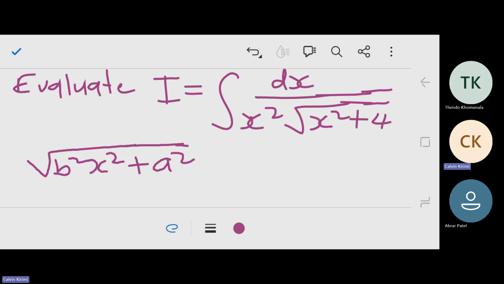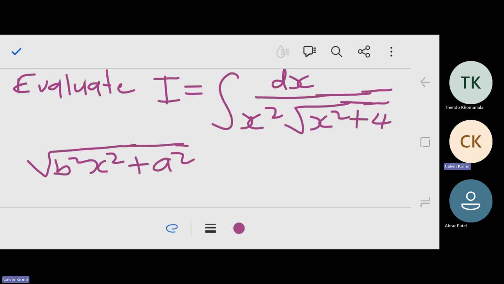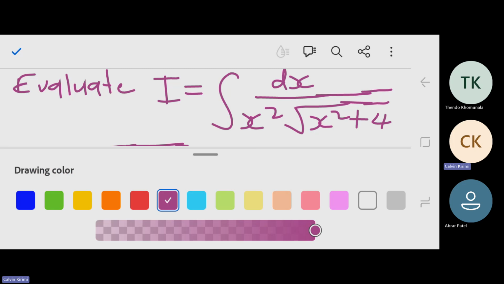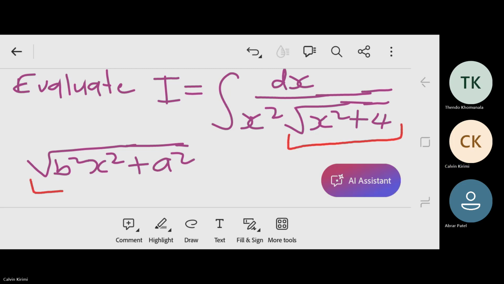You can see that the denominator is in that form, so you are supposed to identify what a, b and c are. You can relate the denominator to this function, so the trig substitution must be related to it. That is the first step: to identify that.